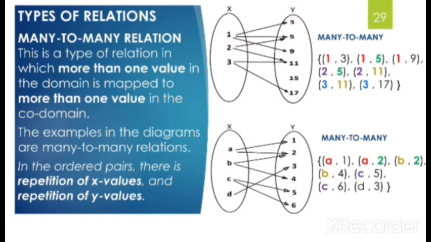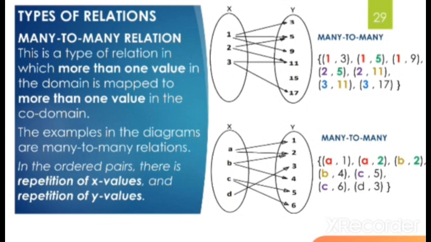And at the same time, we have 1 and 2. Both of them have been mapped to 5. So we can see that we have a one-to-many and at the same time a many-to-one in that same relation.